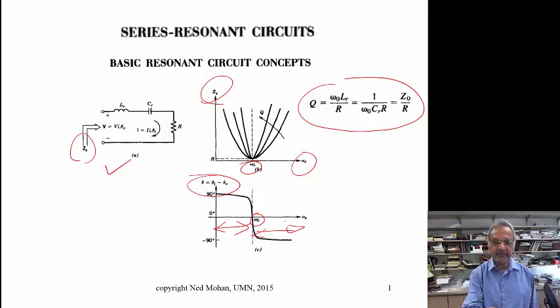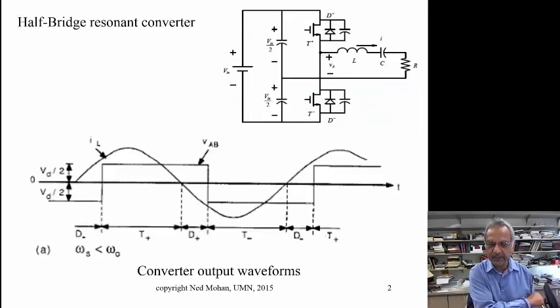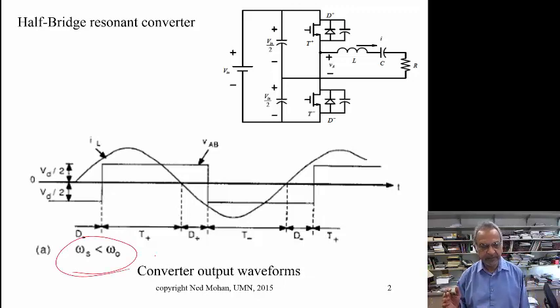This circuit from the terminals looks inductive, and therefore the current is lagging the voltage. All right, so let's put this RLC circuit into a half bridge as shown over here.